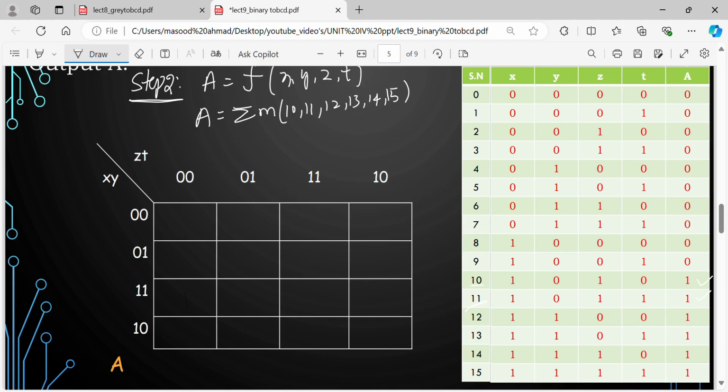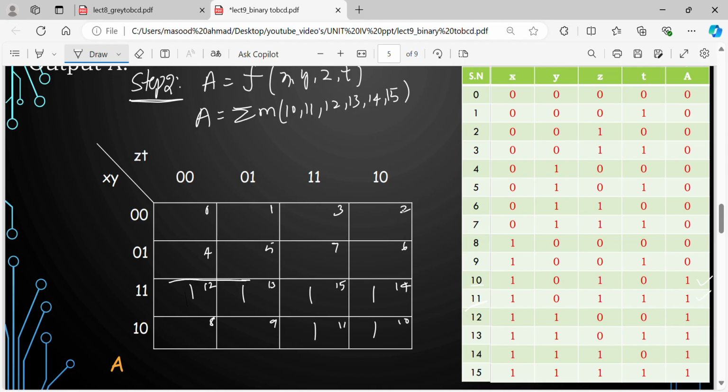So as we know, the K-map is 0, 1, 3, 2, 4, 5, 7, 6, 8, 9, 11, 10, 12, 13, 15, 14, right? So it is 1 for 10, 1 for 11, 1 for 12, 13, 14.